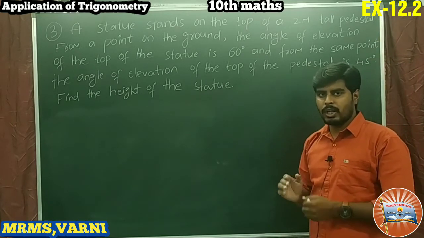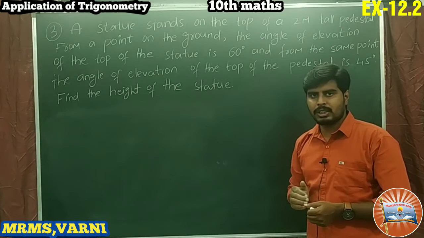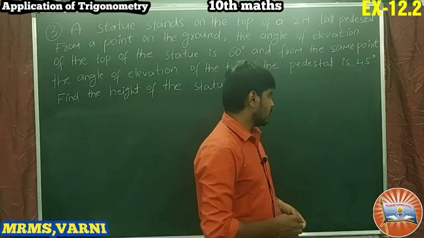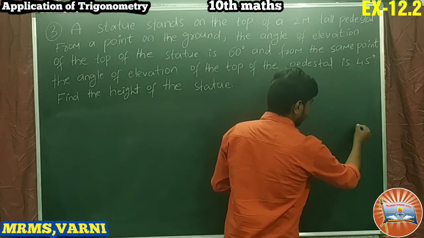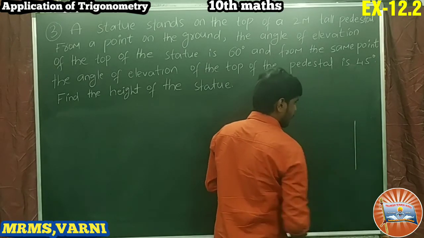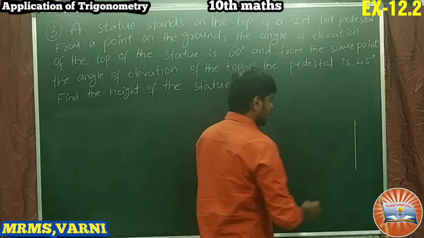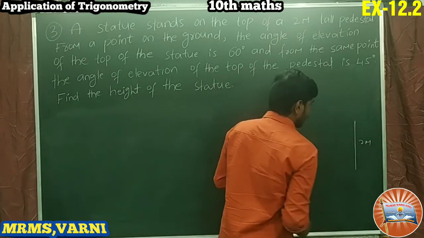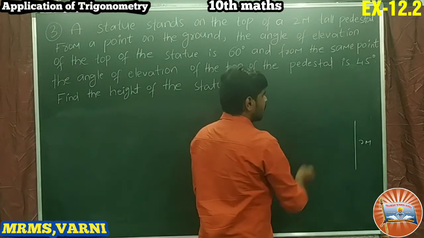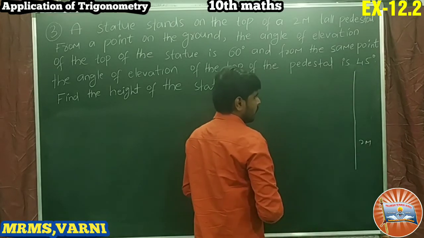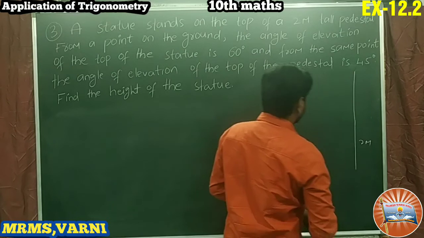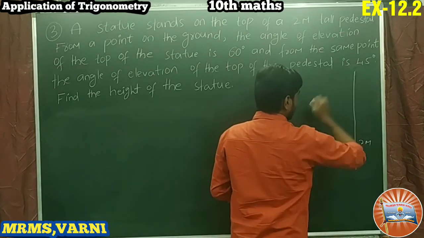Okay, so first of all we have to imagine a diagram for this situation. Let's see the diagram. Suppose this is a pedestal of 2 meters height. On this, the statue is standing like this.